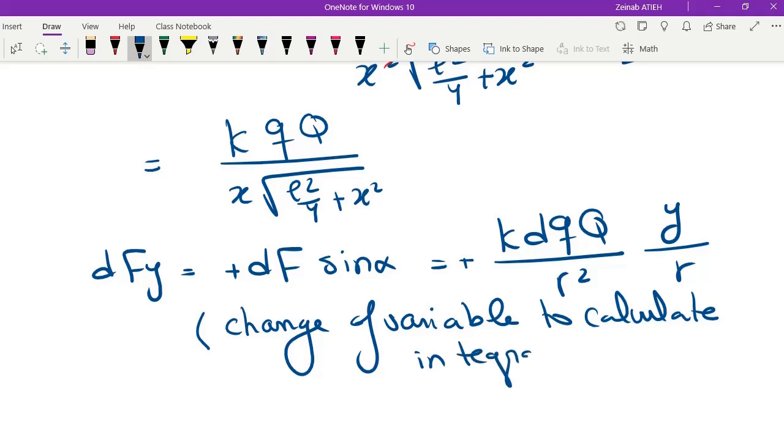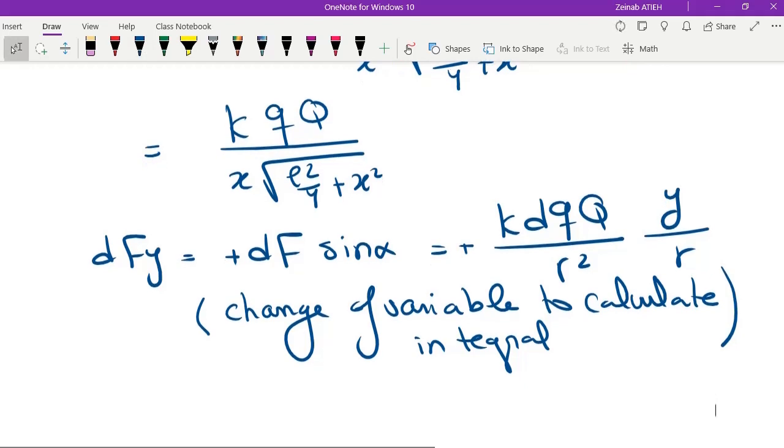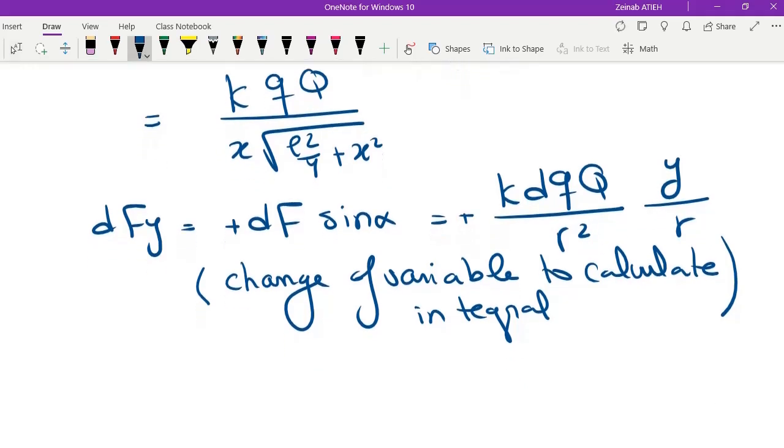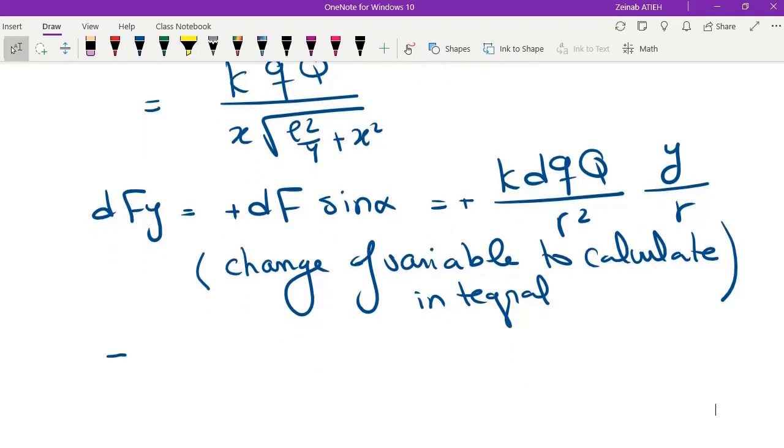But you can do it. Try it yourselves at home. You will see that it is 0. Once you substitute everything and calculate f y, the integral of d f of y, the answer will be 0.